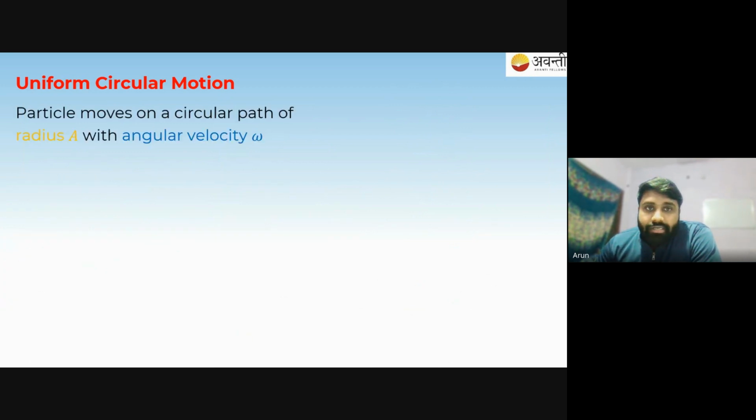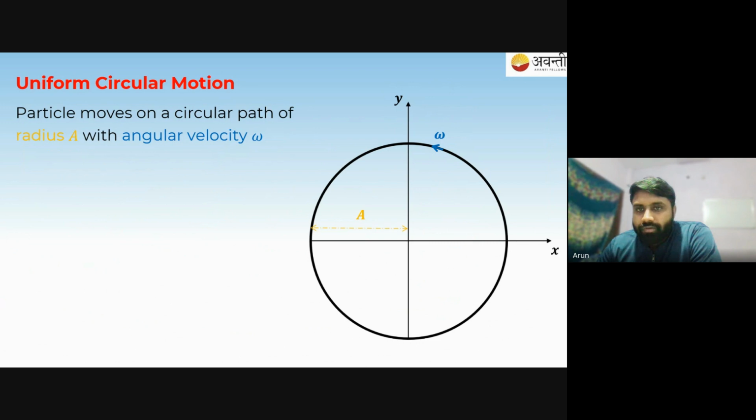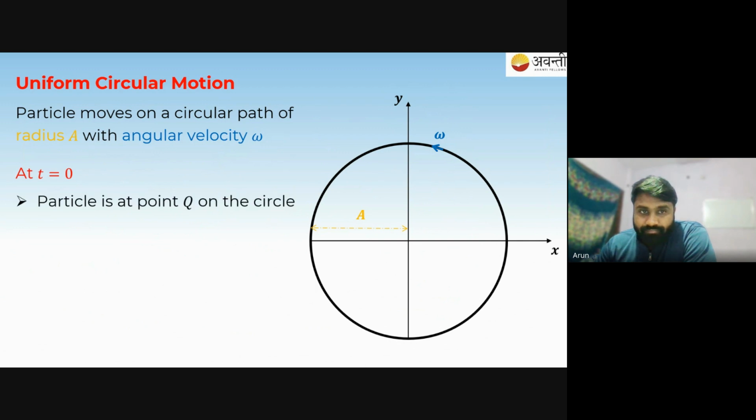Again, if the particle is moving on a circular path of radius a with angular velocity omega, you will be surprised what we get. This is the setup. The radius of this circular track is capital A, and the angular velocity is omega. Now let's say at t equals 0, the particle is at point Q. The position vector will be OQ.